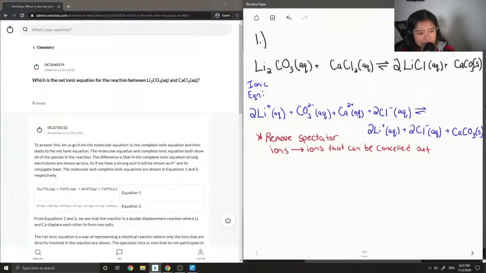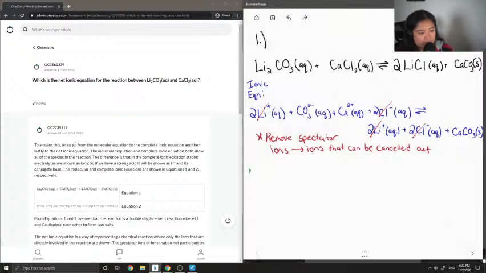Let's look at our reactant side. There are 2 lithiums and 2 lithiums on the product side, so this is an example of a spectator ion. And again, we have 2 chlorine ions and another 2 chlorine ions that will cancel each other out.